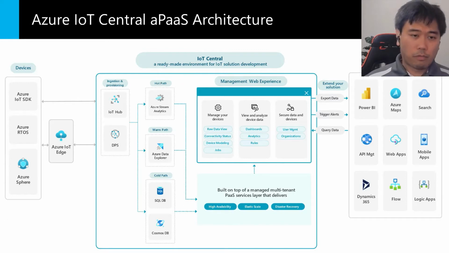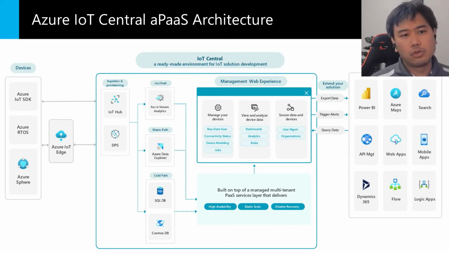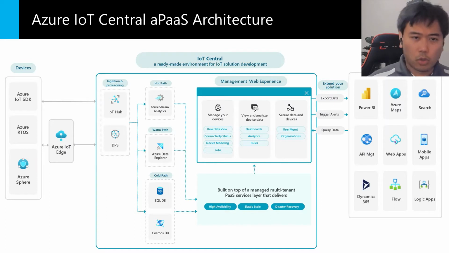For the device connection, it's using DPS to be able to manage it. And then in order to visualize it, where you have the hot path, the warm path, and the cold path, it has ways to export the data from IoT Central, and it's also using Azure Stream Analytics in the backend.